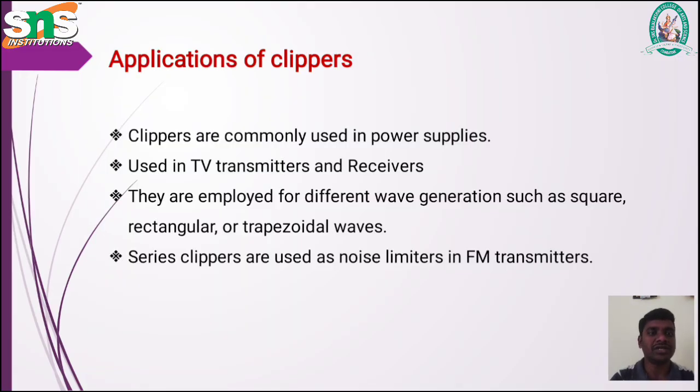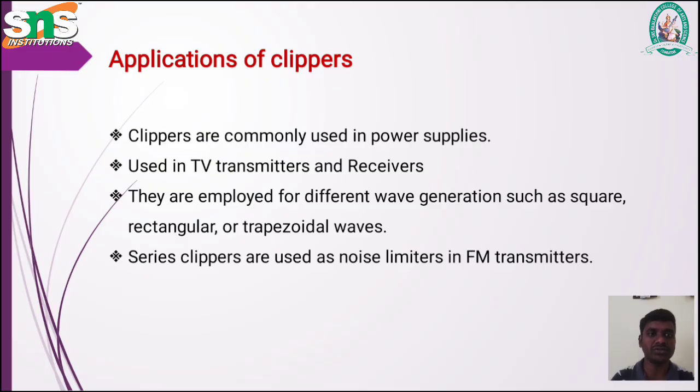Based on the different types of clipper circuits with bias, positive and negative, we get different waveform outputs, and based on the outputs we can use these clippers in different applications. First, clippers are commonly used in power supplies. They are used in TV transmitters and receivers. They are also employed for waveform generation, such as square waves, rectangular waves and trapezoidal waveforms.